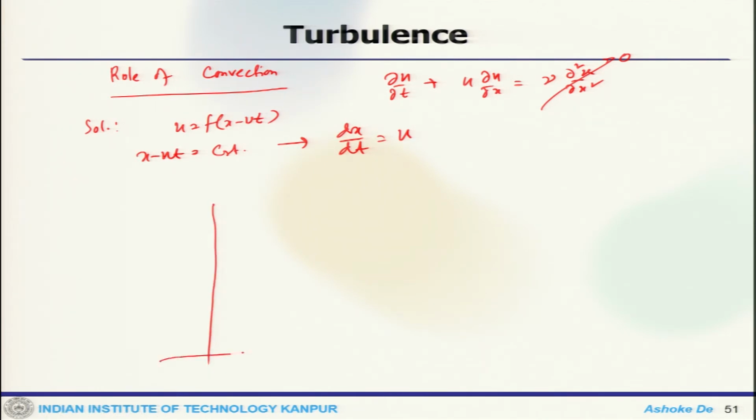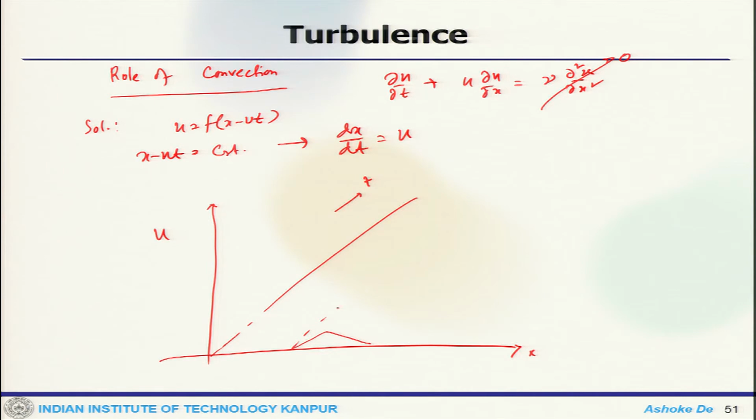So, if I see that in x and this is u and this could be my time. So, I can see like this, where this will go like that, then this would be looking like something like that, something like that.